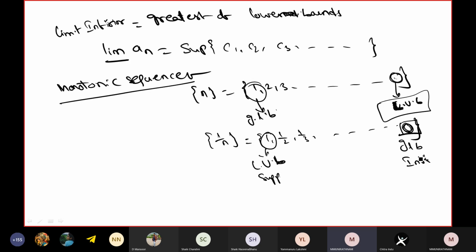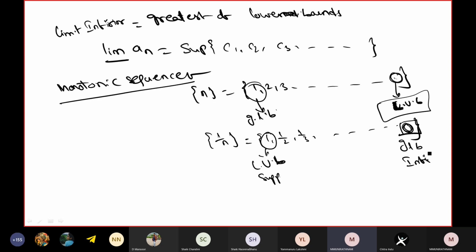So if the GLB exists, then the sequence converges, otherwise it diverges to minus infinity. If it is convergent, then the limit of that sequence will be the GLB or infimum. If a monotonic decreasing sequence converges, then it converges to the limit inferior.